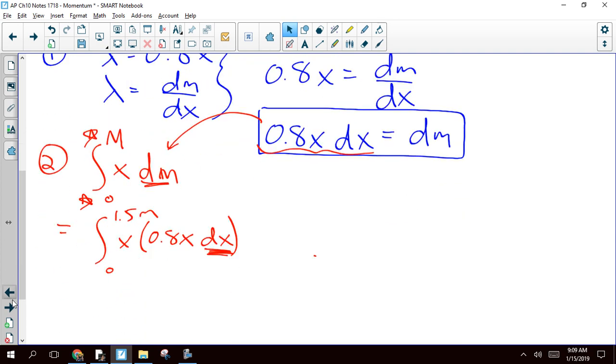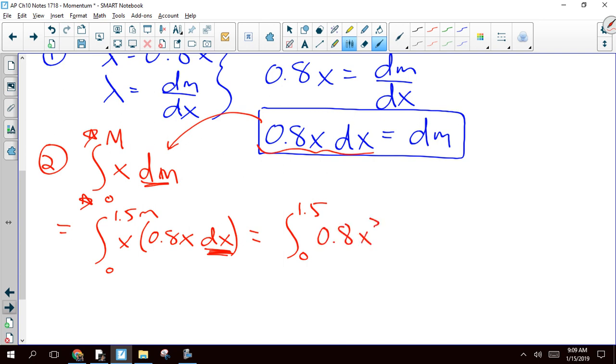Now this basically just becomes simple calculus. So x times 0.8x is 0.8x squared. Now I'm integrating from 0 to 1.5 of 0.8x squared dx. What do you have to take the derivative of to get 0.8x squared?